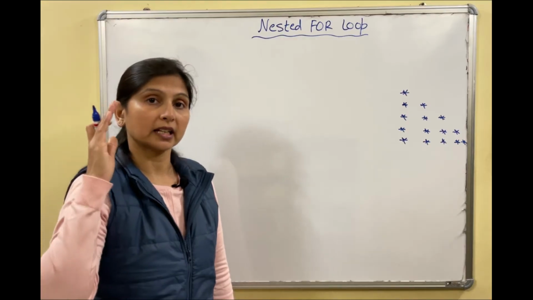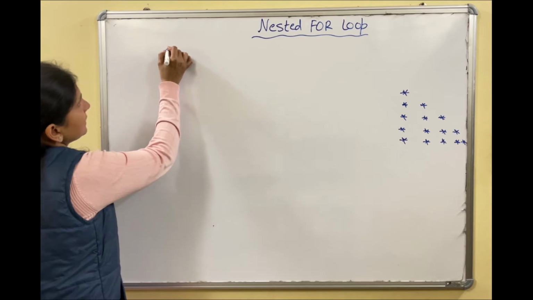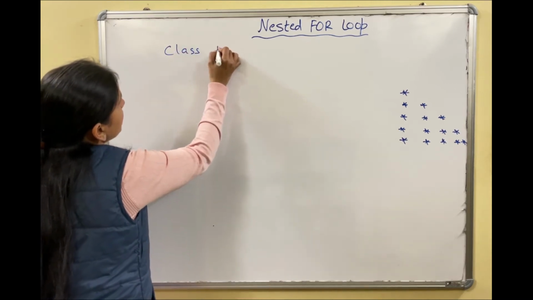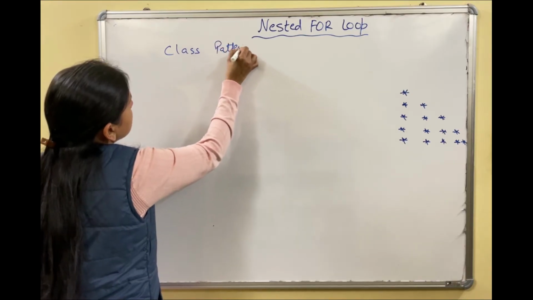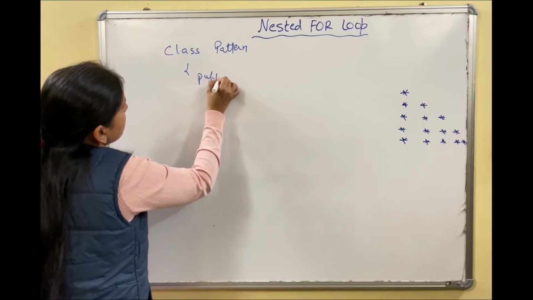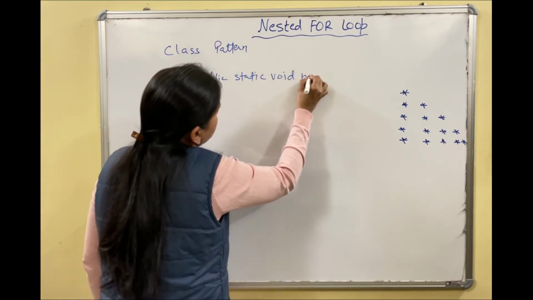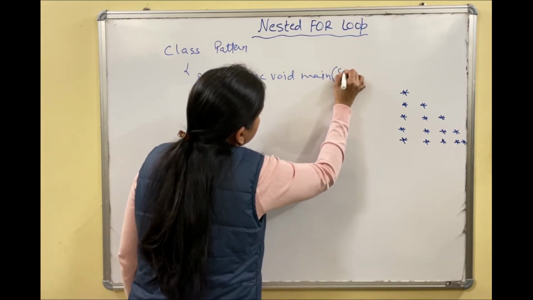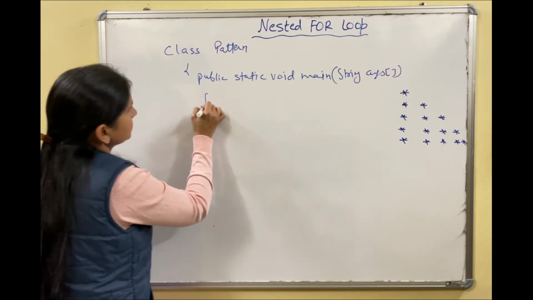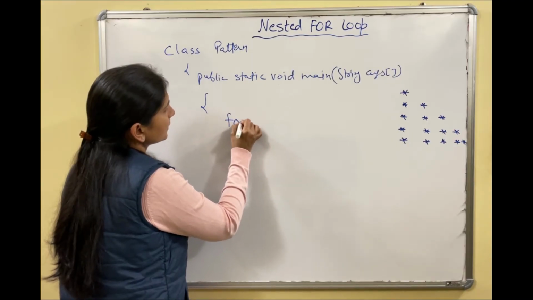So you need to write again the class, the same process, and then public static void main. So I am making a complete class. All these are pattern based, so I am writing here Pattern, right? Then public static void main, String args. Then now we will start with the for loop.